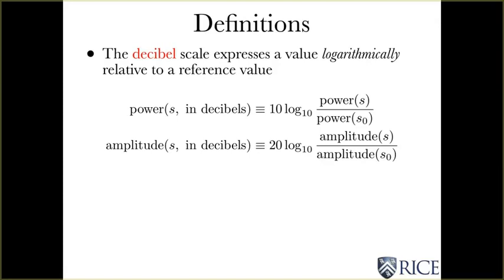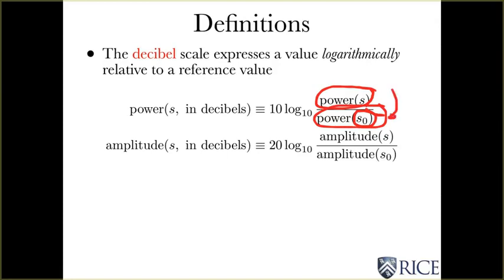So we've got our signal S and it has some power. There's a reference signal S0 and we compute its power. It could be a standard like a 1 watt signal or a 1 milliwatt signal, any kind of standard reference value that is convenient for your application.